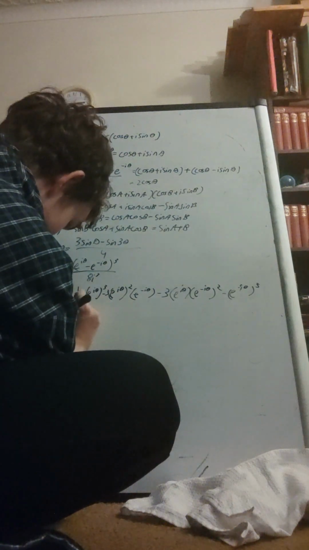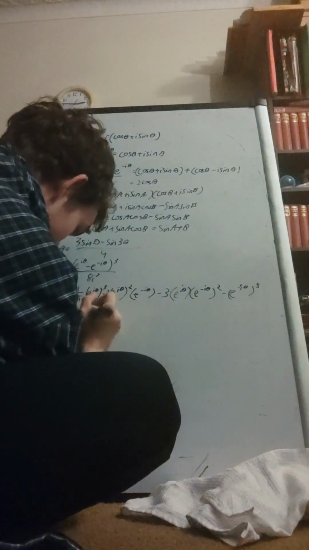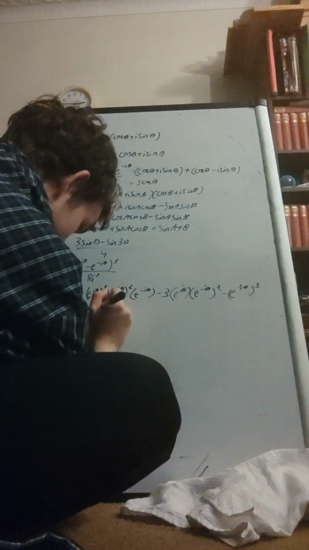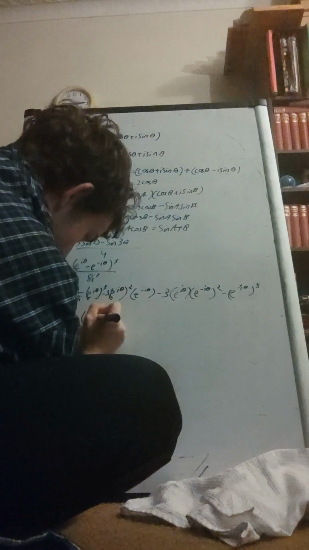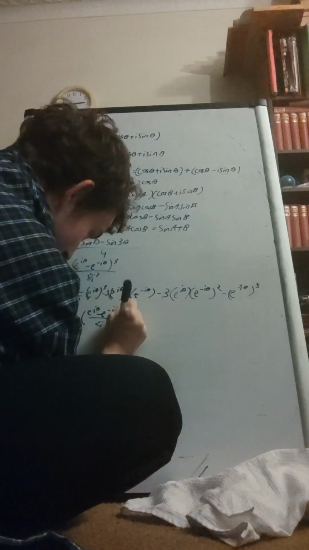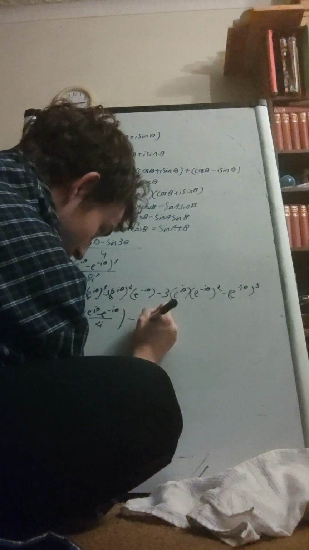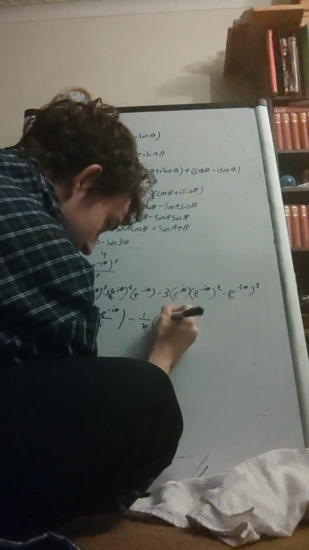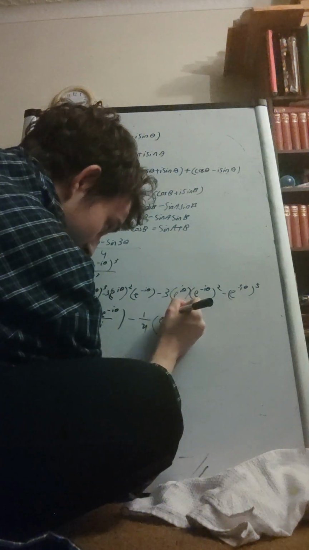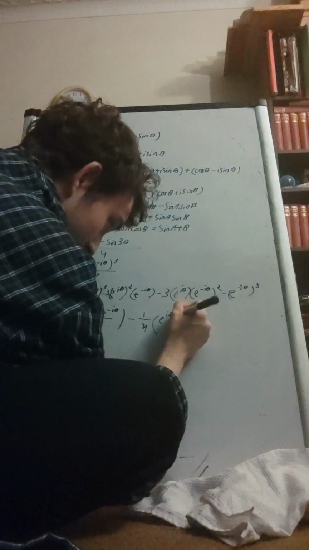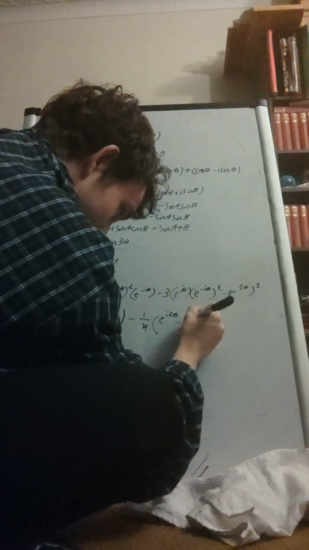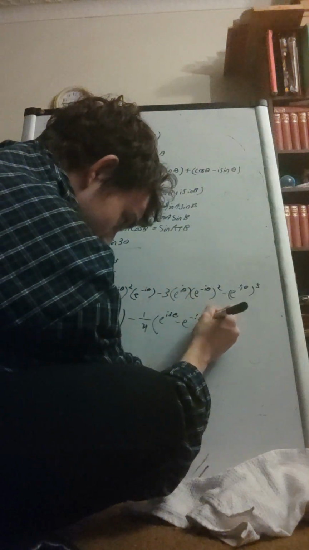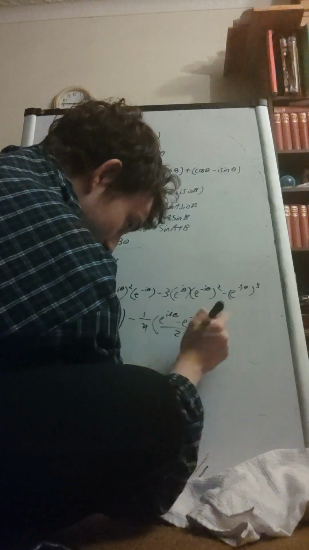I can expand to get 3/4 e to the i theta minus e to the minus i theta over 2i minus 1/4 e to the i 3 theta, because using the power of indices, that i theta cubed becomes i 3 theta, minus e to the minus i 3 theta over 2i.